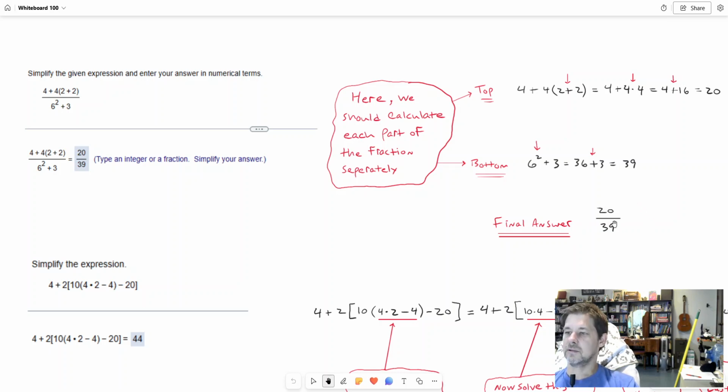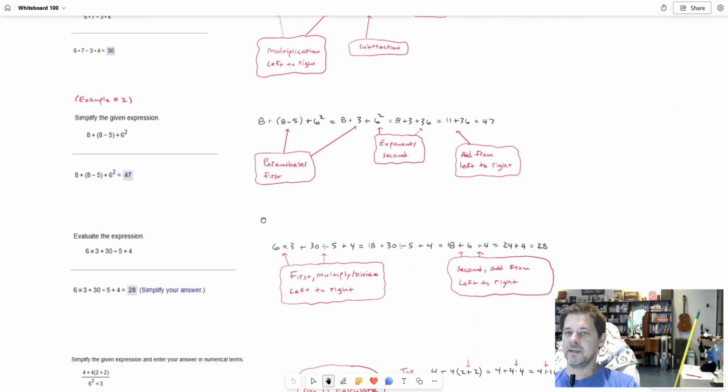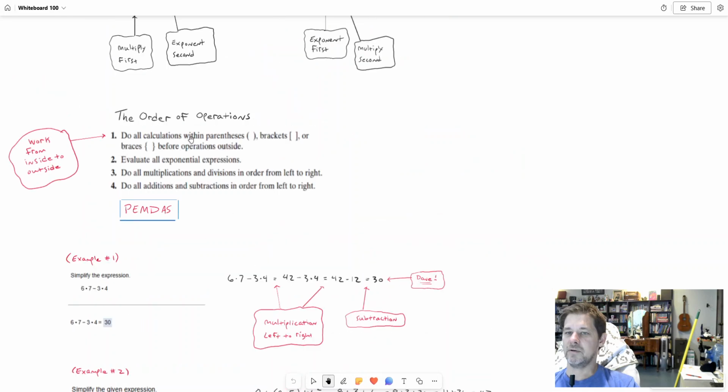Okay, now one last thing, remember that in the order of operations it says do all calculations inside parentheses or brackets or braces or anything outside of that. So sometimes if we need to use multiple layers of parentheses, we'll also use brackets, so it's a little bit easier to look at.